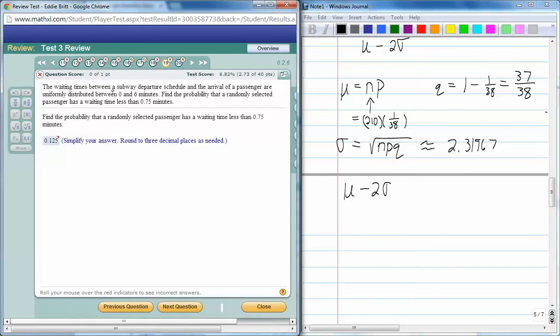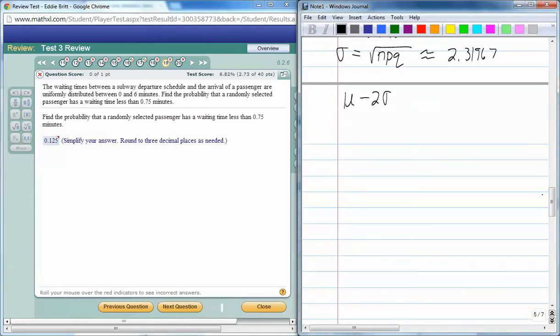Alright, the waiting times between a subway departure schedule and the arrival of a passenger are uniformly distributed between 0 and 6 minutes. Find the probability that a randomly selected passenger has a waiting time less than 0.75 minutes. Alright, so you need to take the total time.